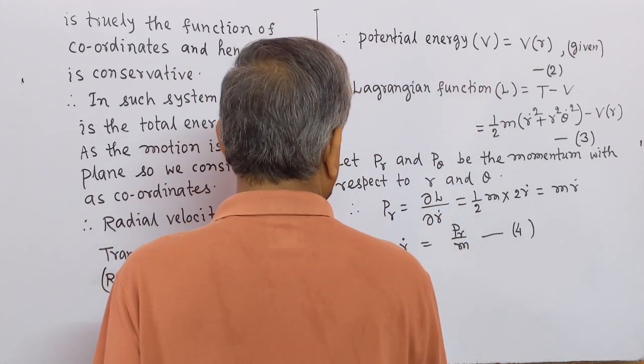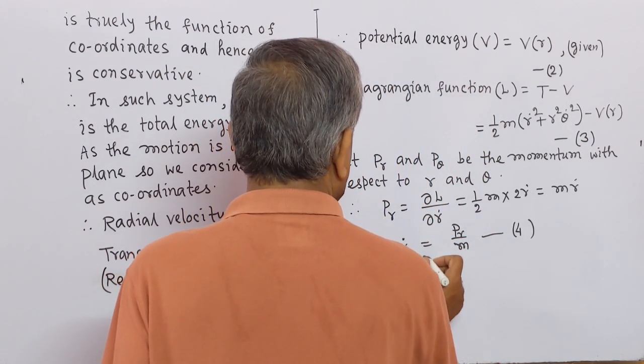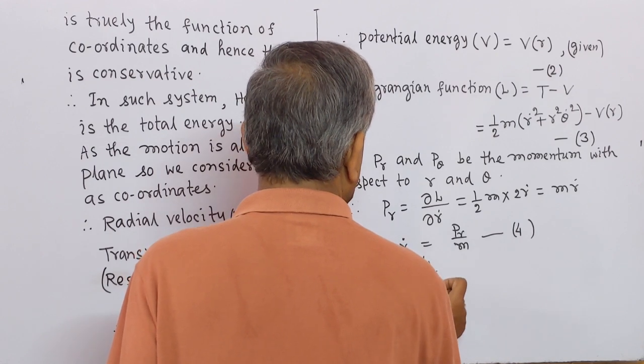P theta equal to the partial derivative of L with respect to theta dot.